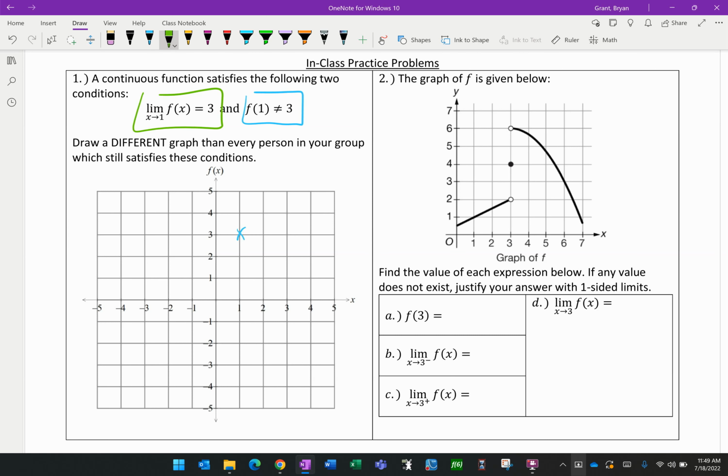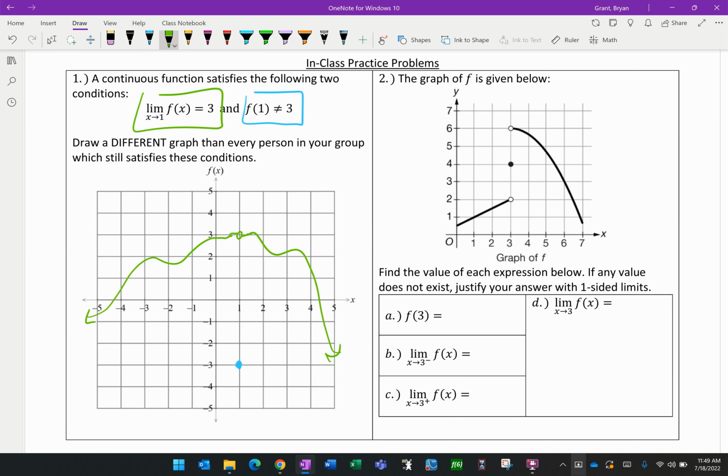So as we get closer and closer to 1, our y values are getting closer and closer to 3. So I think this x actually has to turn into an open circle. And then f of 1 can't be 3, but it could be anything else. So maybe we put it down here and say it's negative 3. You can put that point anywhere you would like, and here's our function.